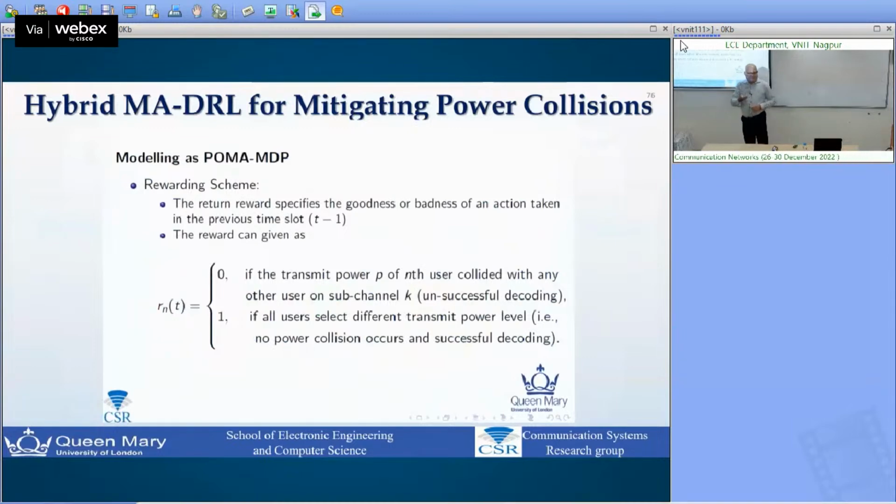If another agent also selects the same power, a collision will occur, so no reward. So the reward can be 1 or 0 for the action the agent takes. Then it will go to the next state.